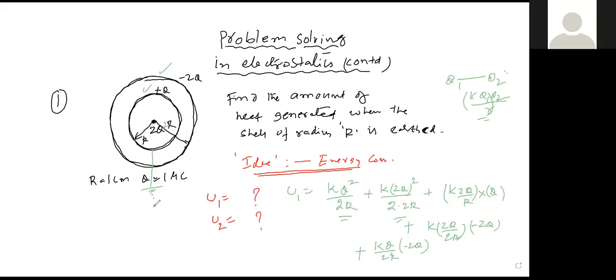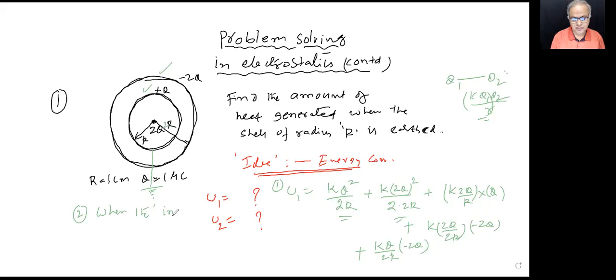Yes. So this is the first step, of course. It's not over yet. I just did not write the formula there because I wanted you to know how to find this in steps. So when the inner shell is grounded, its potential should be 0.